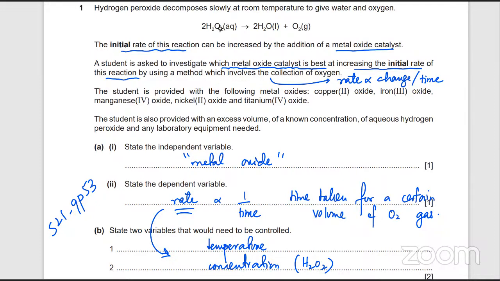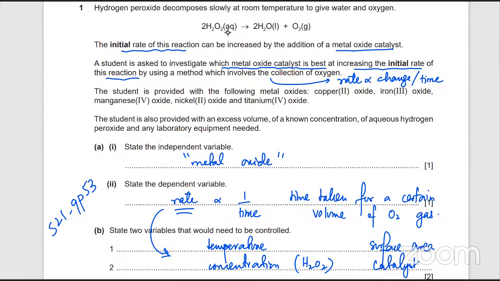5 factors that affect rate, right? There's temperature, there's pressure. Pressure would not be that important because it's aqueous, so that would probably not affect the rate of reaction. Surface area, okay, so the surface area of the catalyst affects the rate of reaction, so you need to control that.